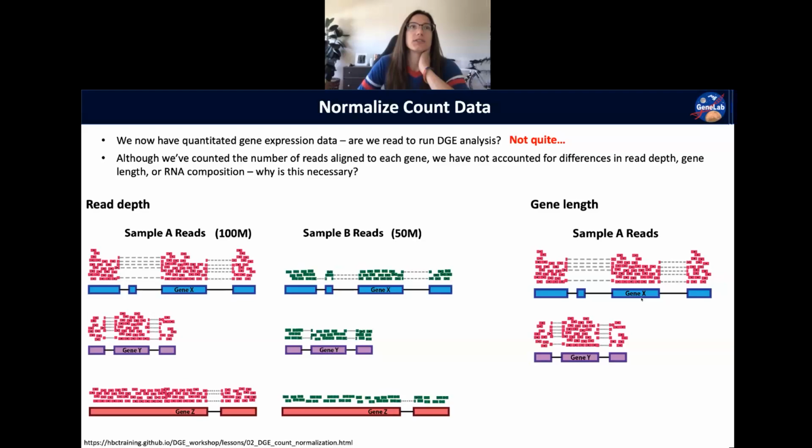So when you're doing a comparison, the ratio of the total number of reads in sample A versus sample B is going to be the same even if you don't account for gene length, because you would divide by the same number for all samples. Does that make sense?